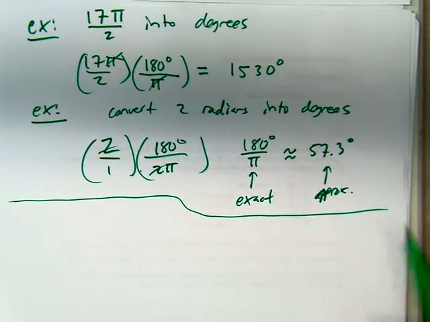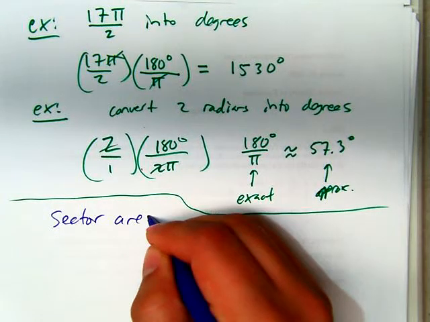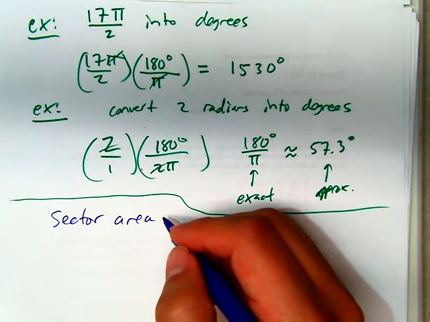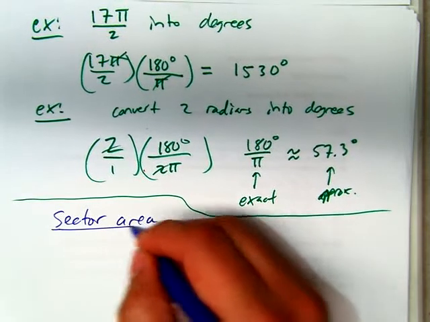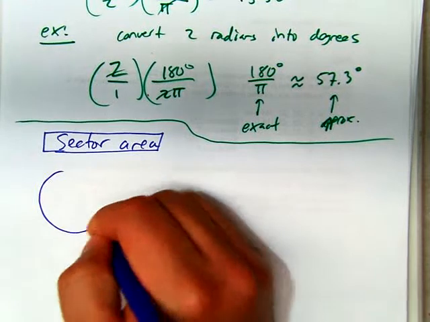is sector area. Okay, so let's change colors here. So again, we start with a circle.